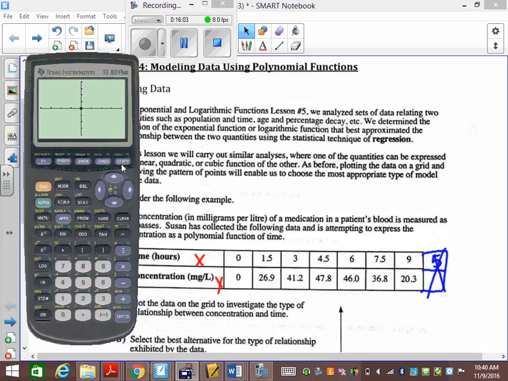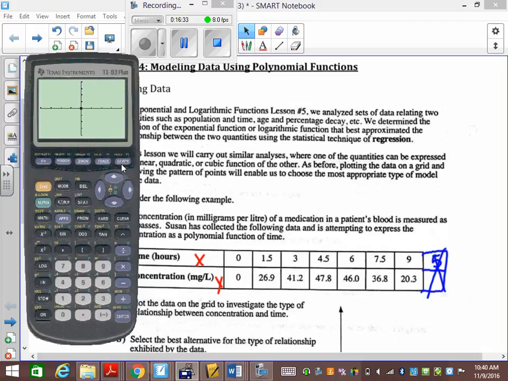Look at our table of values. 0, 0 is there. 1.5 and 26.9. Oh my goodness. My second Y value is 26.9. That's way up here. It isn't showing up because my screen is too small for you to see the little points. So whenever you do regressions, you should be changing your window.